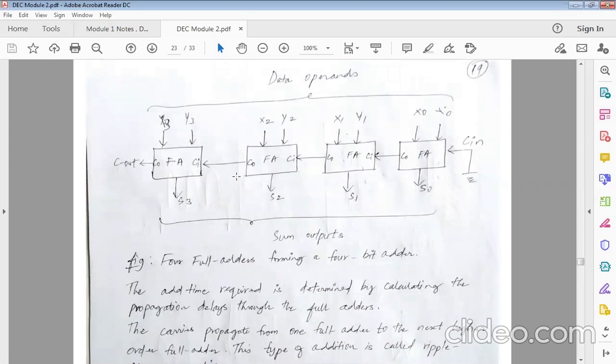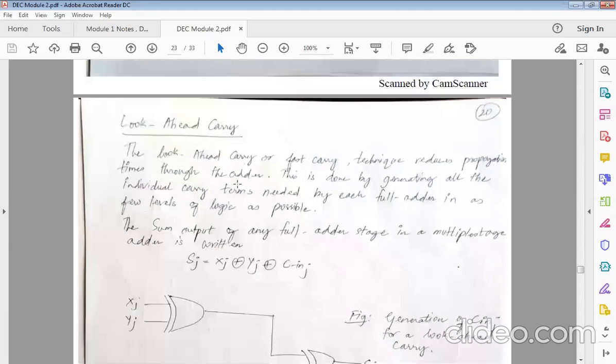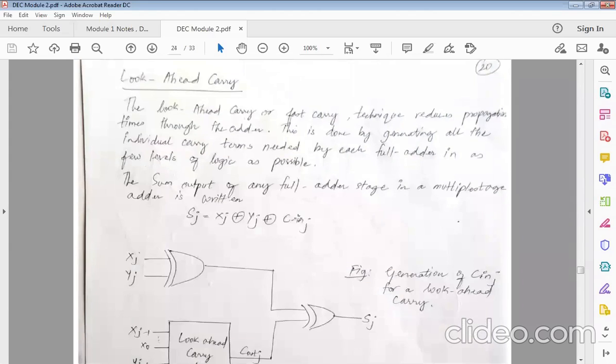But here, what is going to happen? We are going to generate, based on the XOR gate, all the individual carry terms needed by the full adder in as few levels of logic as possible.